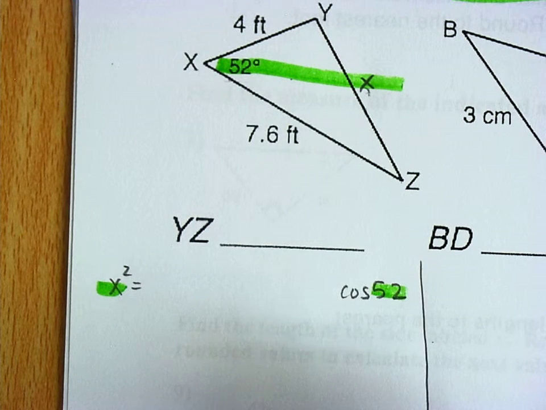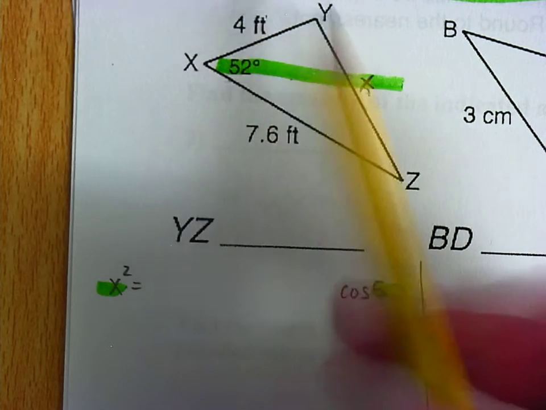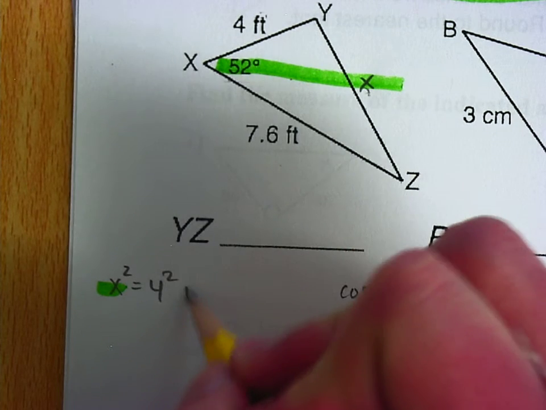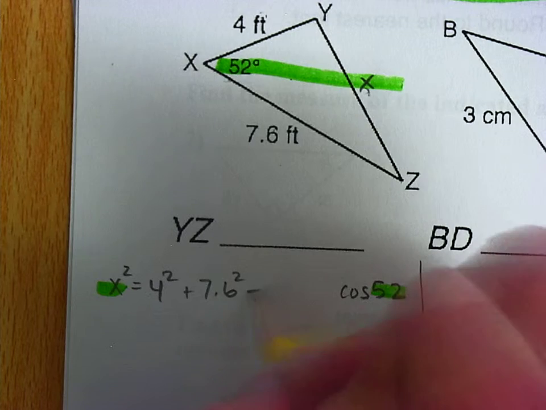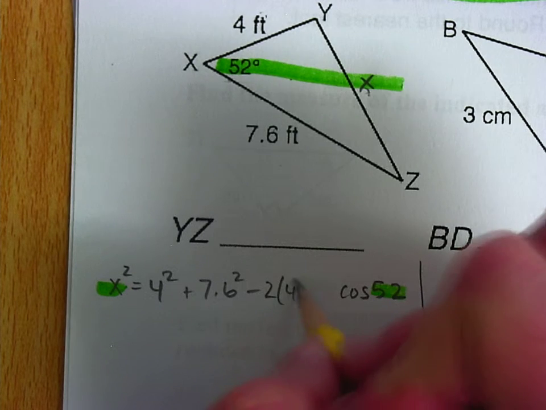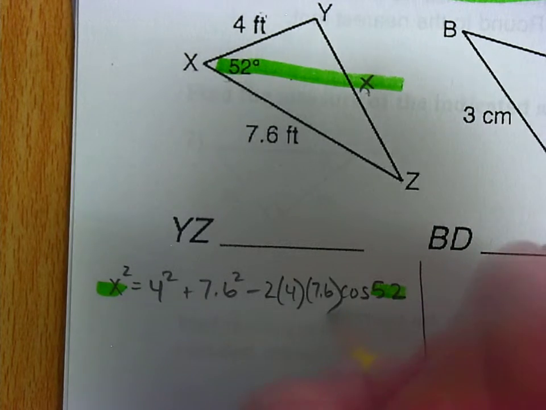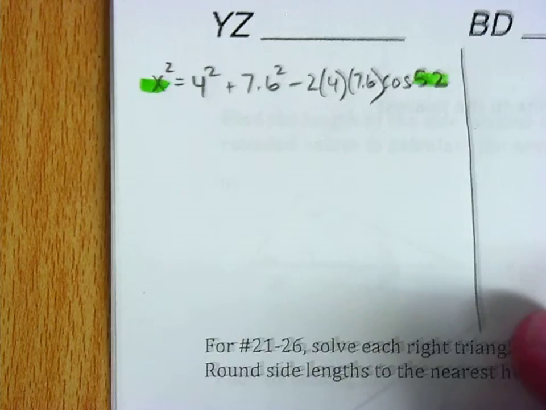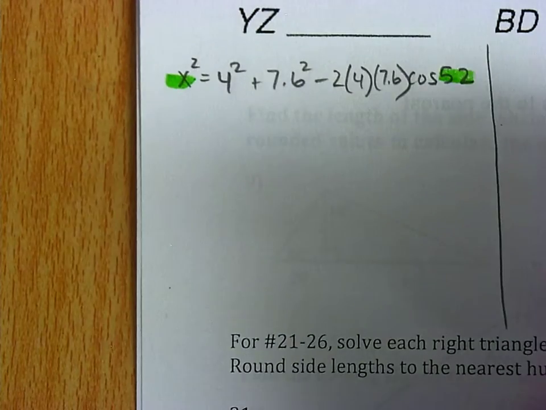Now we just fill in the rest with those two sides that aren't the x. So we have 4 squared plus 7.6 squared minus 2 times 4 times 7.6 times the cosine of 52. And again, that's all the geometry we're actually going to do. The rest is just algebra.